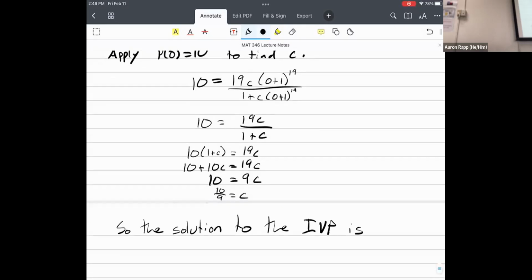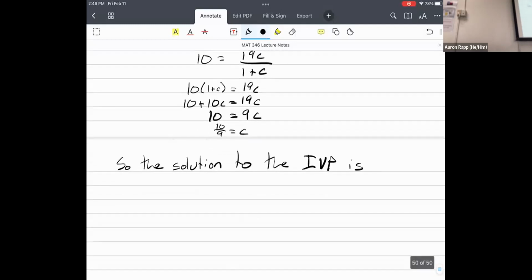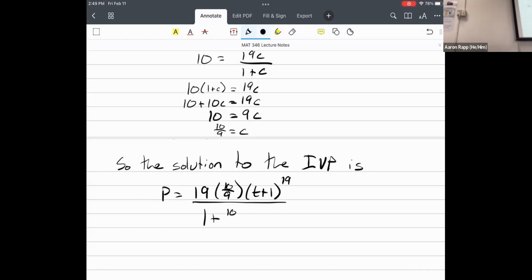So the solution to the initial value problem is P equals 19 times 10 over 9 times (t plus 1) to the 19th power, all divided by 1 plus 10 over 9 times (t plus 1) to the 19th, which you can rewrite.